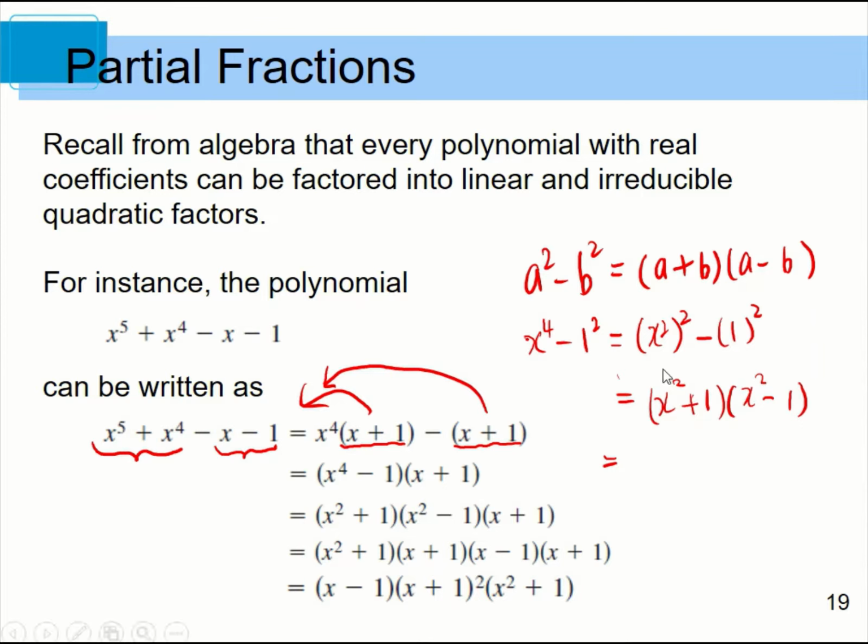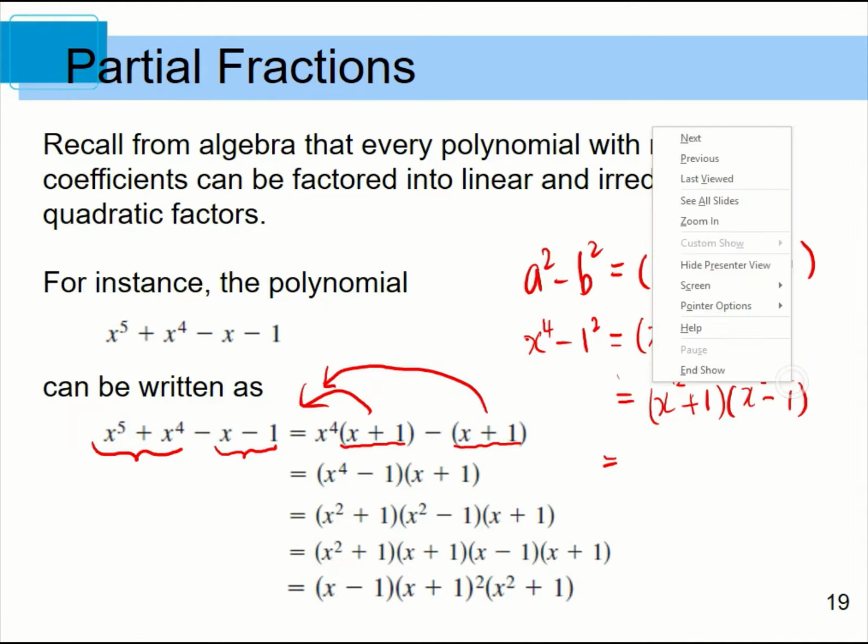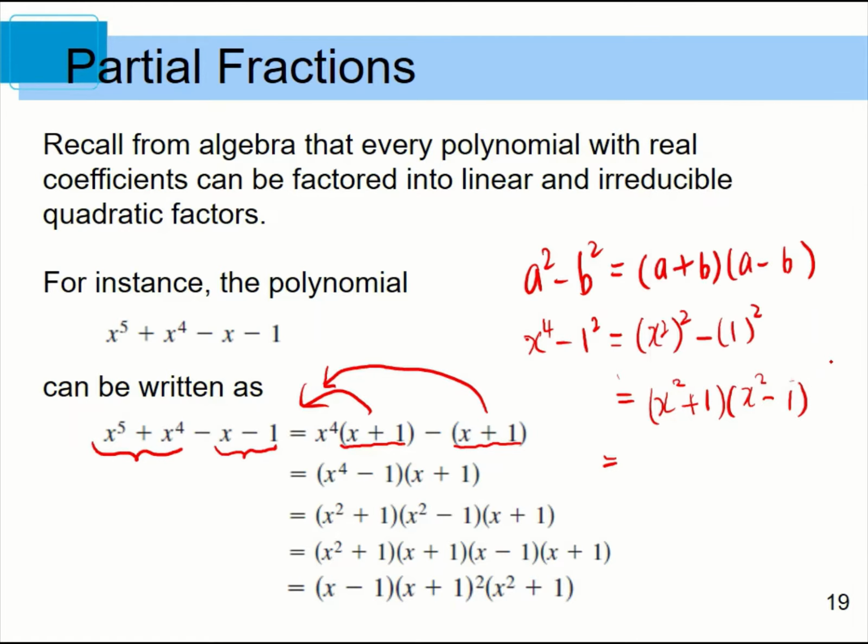It is another form of a squared minus b squared, with 1 as 1 squared. So we can factorize this one more time. We copy the x squared plus 1 here, and this becomes x plus 1, x minus 1.